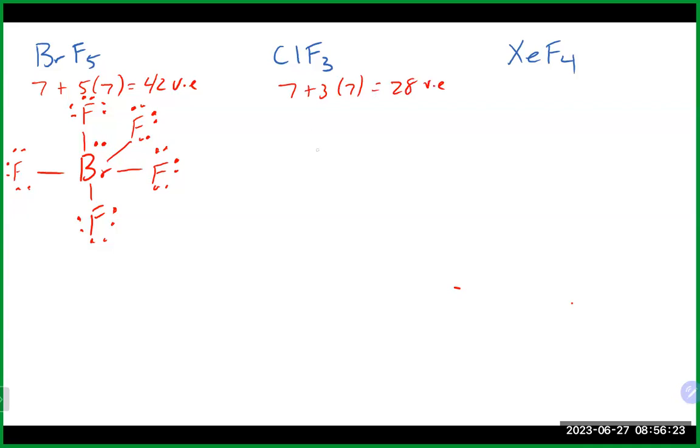Once again, here, chlorine in the middle, fluorine on the outside. Going to do a single bond to each of them. That's going to be 6 electrons. Then that would be 8, 10, 12, 14, 16, 18, 20, 22, and 24 electrons at this point. I actually have 4 more electrons to go.